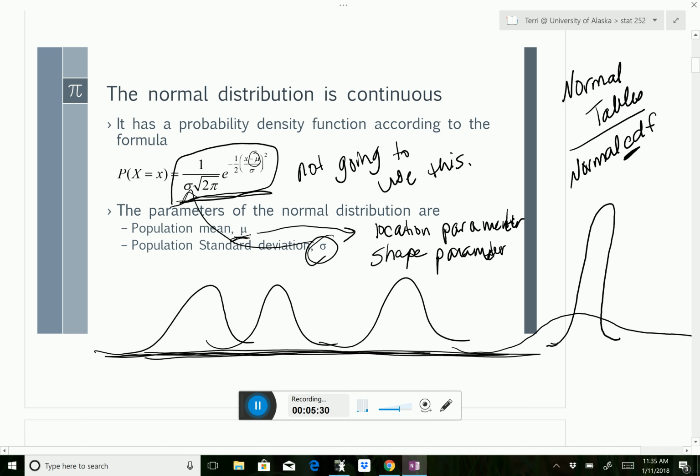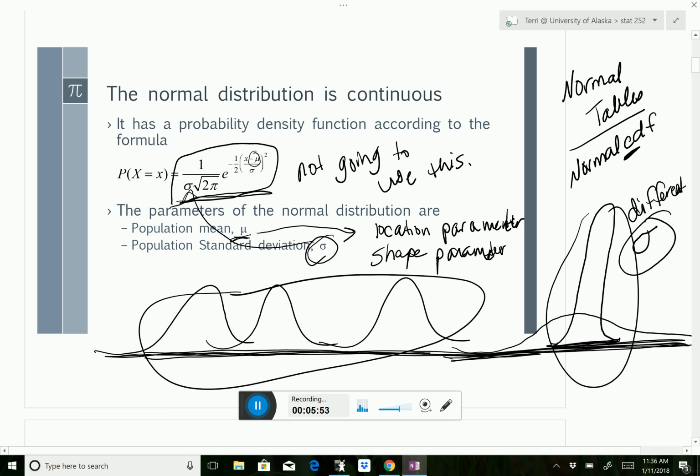So this is what happens when we have different sigmas. Because as we know, standard deviation tells us variability. This doesn't look very variable, but this does. So that's what we're looking at when we're talking about the mean, and the standard deviation.